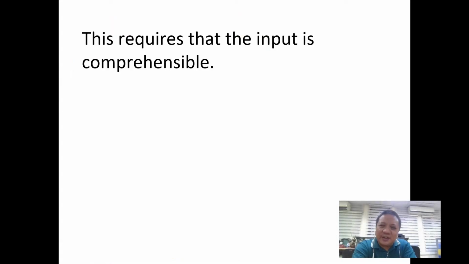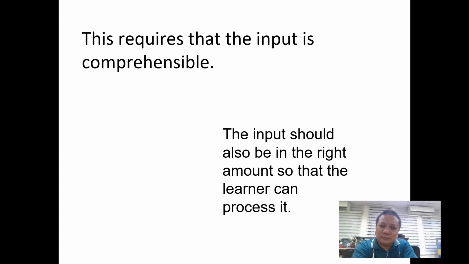Of course, this requires that the input is comprehensible, which comes from Krashen's idea that comprehensible input is very important for communication and language learning. Also, the amount of input should be in the right amount so that the learner can process it.